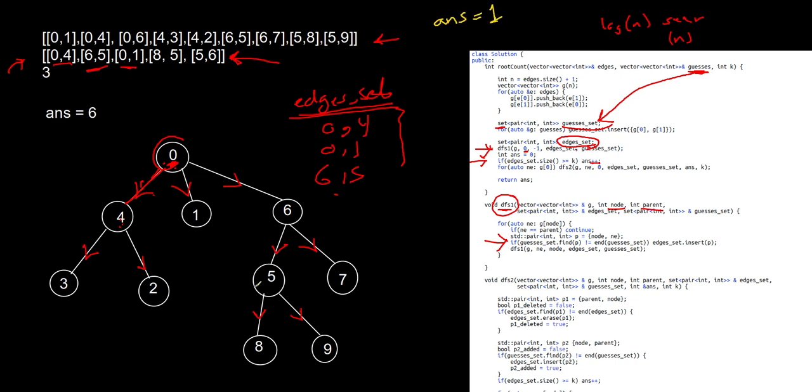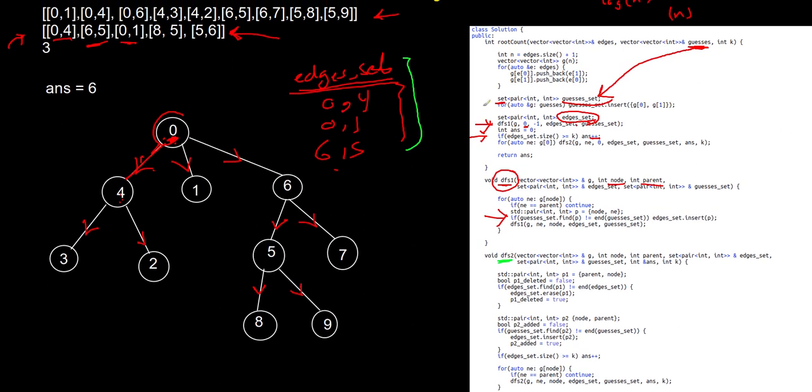Now the second phase is we are going to do another DFS call, but this time we will take advantage of the previously collected set, and again we start from node 0 and its neighbors.